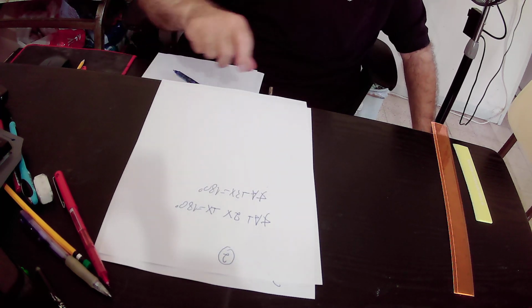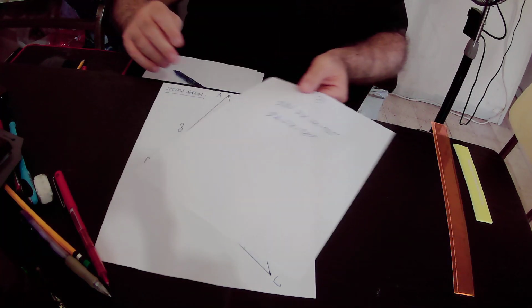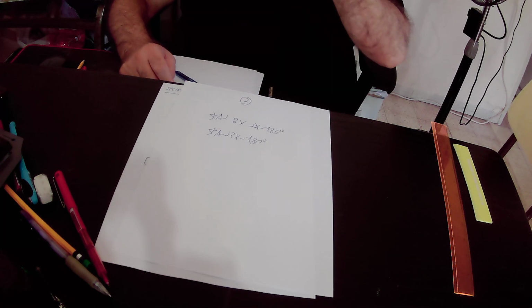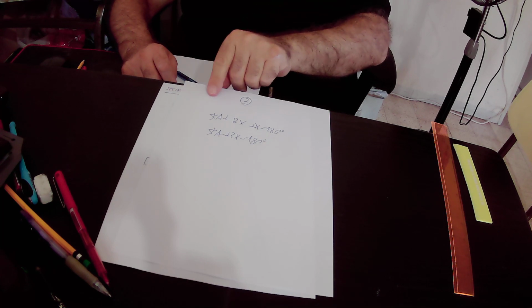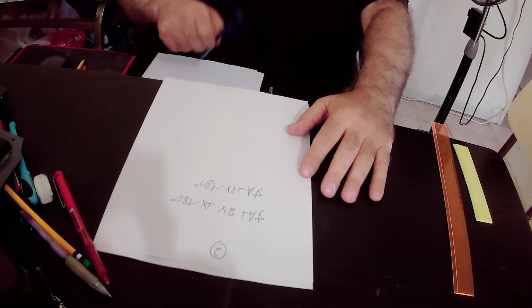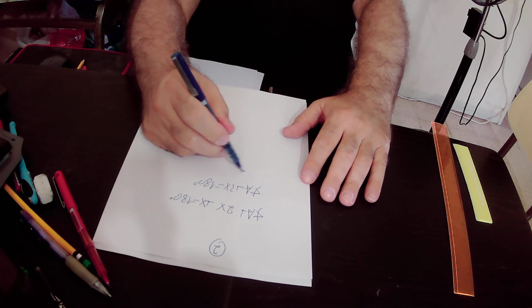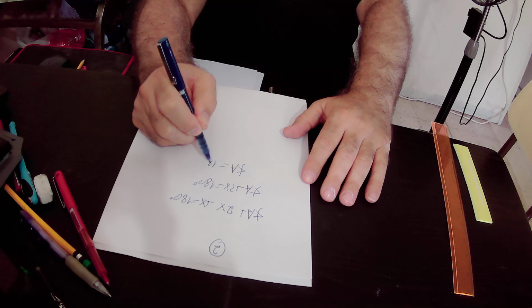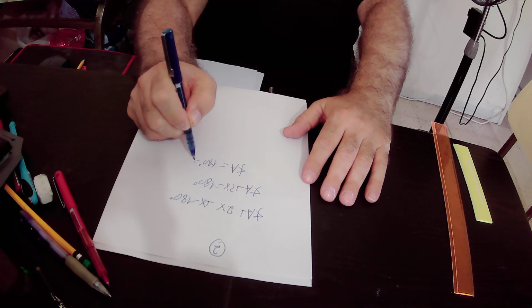So here we will subtract 3x from this equality in order to get the value of angle A. So the value of angle A equals 180 degrees minus 3x.